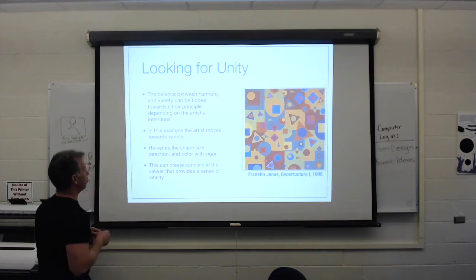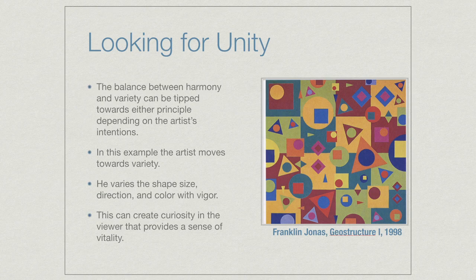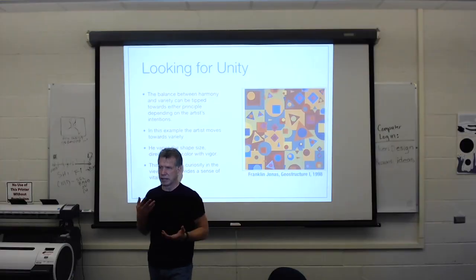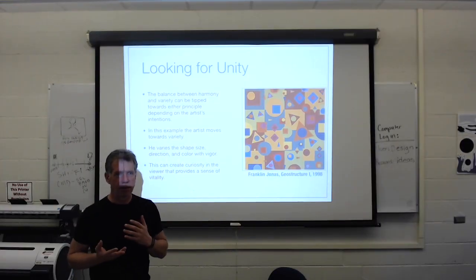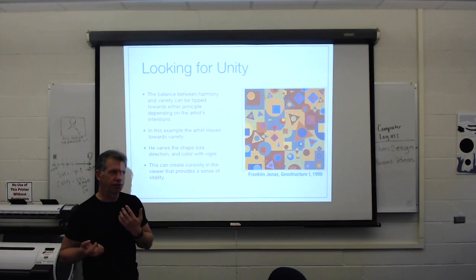In this example, the artist moves towards variety. If we look, he varies the shape, size, direction, and color with a strong sense of vigor. He's making a point of variety. In a lot of ways, this can create curiosity in the viewer, and it provides a sense of vitality. If I create chaos, remember what I said about Gestalt.